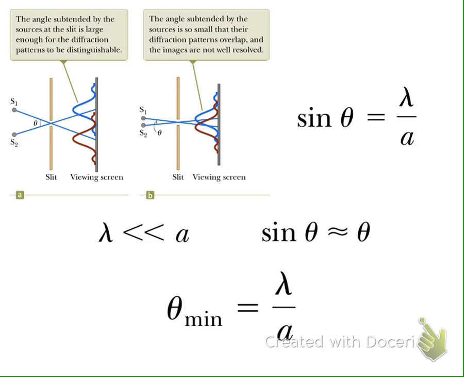For a slit, the Rayleigh condition tells us that if we draw the light rays from the first object and the second object, and the angle between the rays is theta, and we want these two objects to be resolved when the light passes through the slit, this angle has to be at least equal to the angle for the first dark fringe.